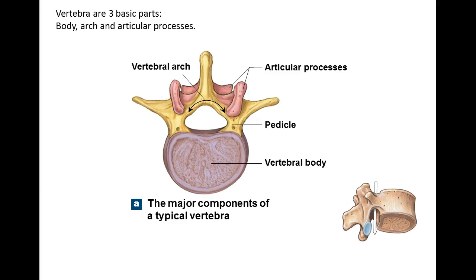Here's a vertebra with its basic parts. The basic parts are the body, the arch, and the articular processes. The body is going to change in each of the different regions, going from larger to smaller, from the lumbar to the cervical.